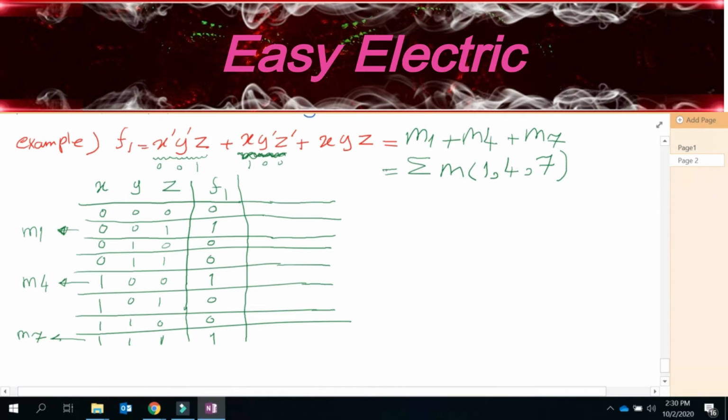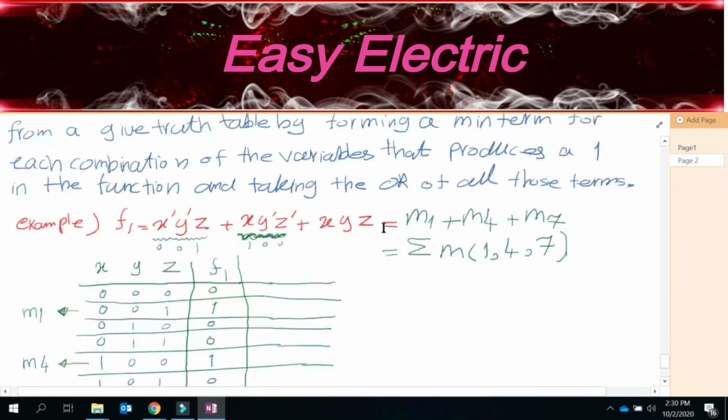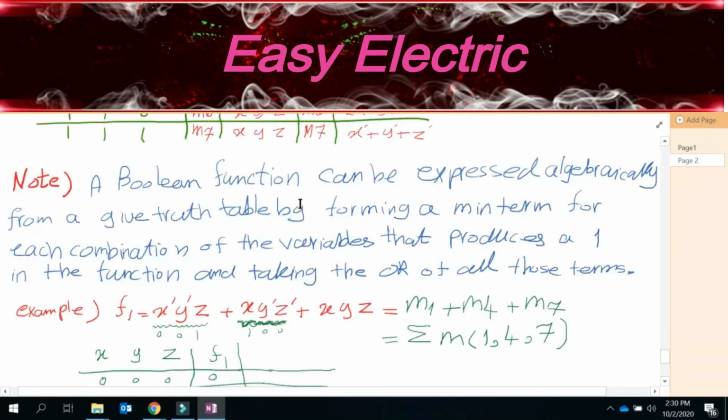So how about the maxterm? If I write this as a maxterm, let's see how we could do that. For doing that, I'm changing whatever we have here. I'm not going to rewrite these notes, just make the changes if you want to write your function based on the maxterm.